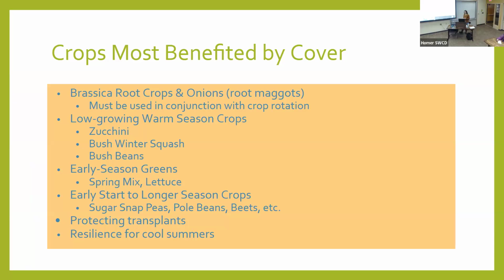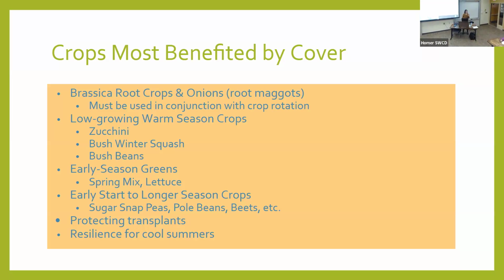And then low growing warm season crops, I think this is pretty promising if you don't have a high tunnel and you want to grow zucchini or very compact winter squash or bush beans. I think you could grow these in a row cover without a high tunnel, especially in a raised bed on a smaller scale. Pretty promising.